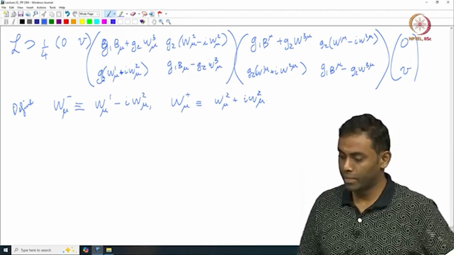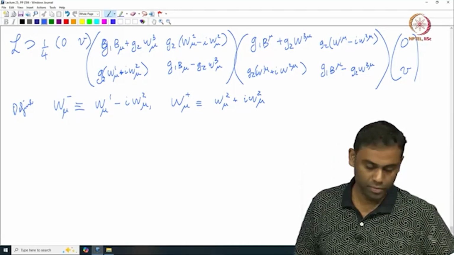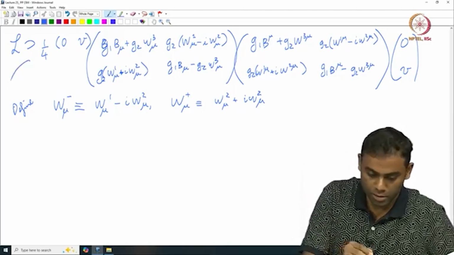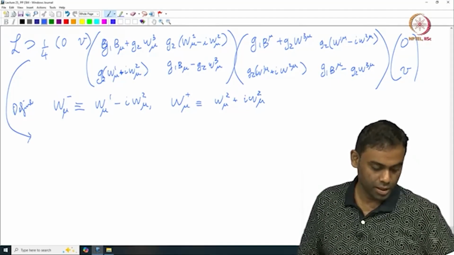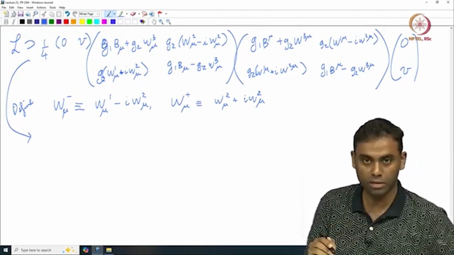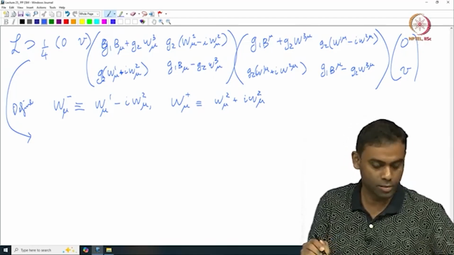So I'm going to wrap up by writing down the simplified version of this term, and I'll let you figure out what the masses actually are. In the next class we will take up exactly what the expressions for the masses are.